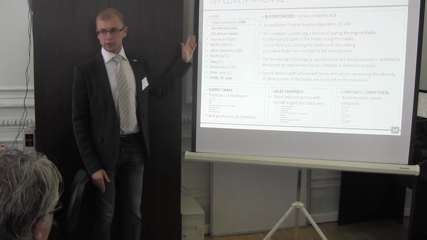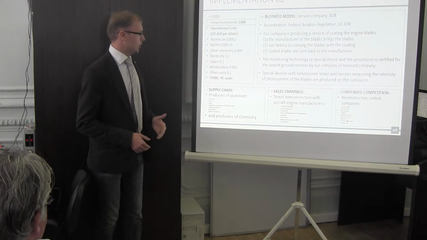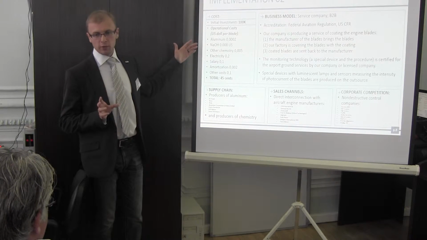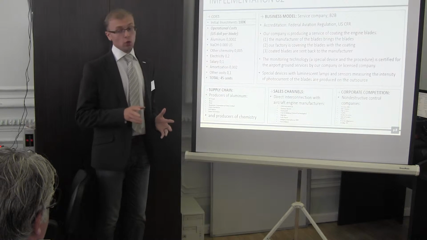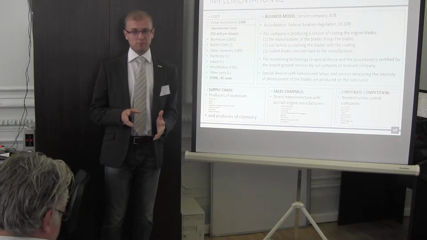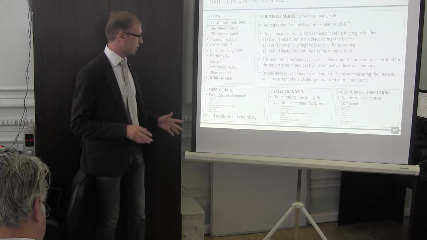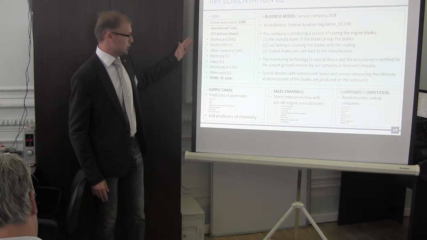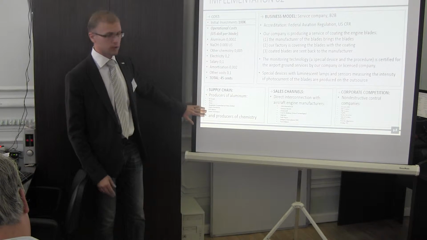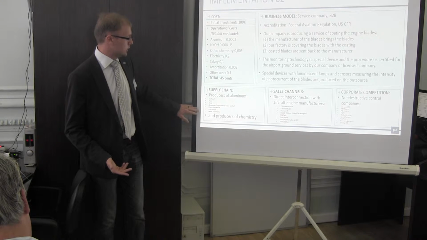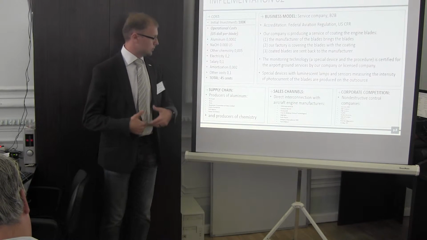We're trying to calculate costs. It's not really easy at this stage, but according to very preliminary estimations, we suppose that we can generate some margin. Again, in terms of the supply chain, what we need is aluminum, and we looked through the suppliers of aluminum.